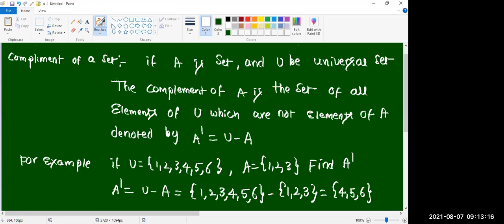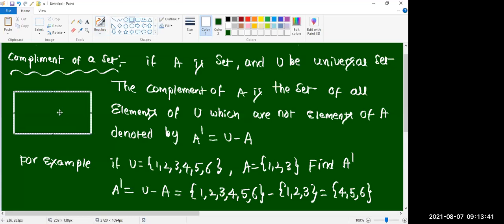Write down, please. Properties we should also write for complement of a set. Universal set minus A, that is outside. I am writing the Venn diagram here: the remaining numbers outside A in this rectangle are called A complement.